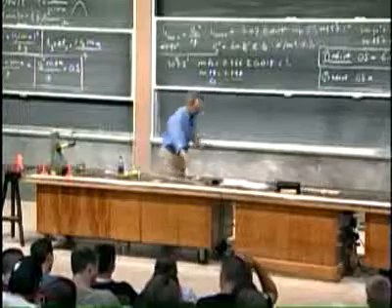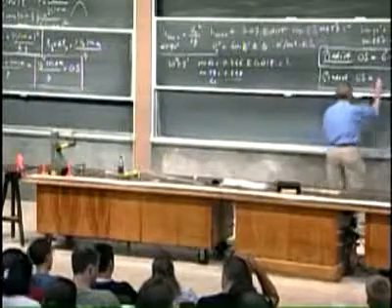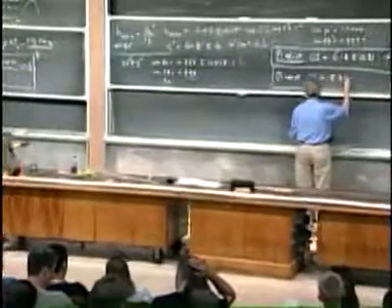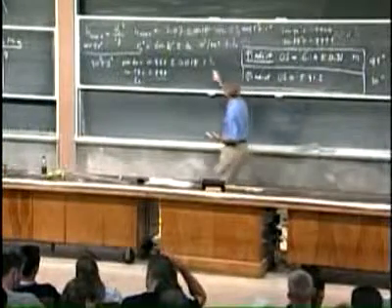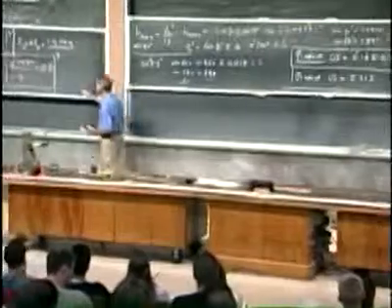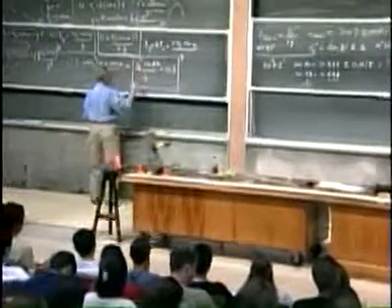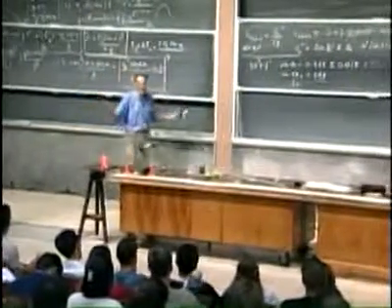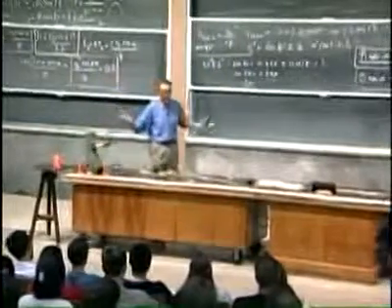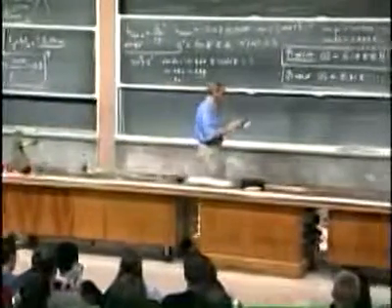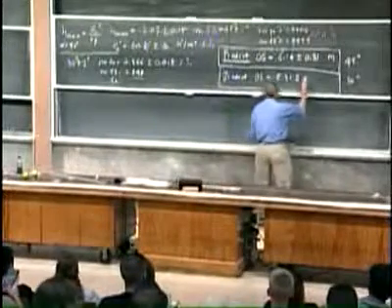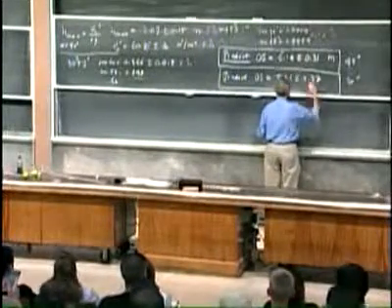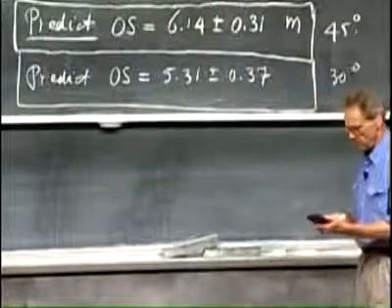And I find 5.31 plus or minus. Now, 2% error in the sine of 2 alpha, 5% error in V0 squared. That gives me a 7% error. So I have a 7% uncertainty multiplied by 0.07. So I cannot trust this any better than 37 centimeters.